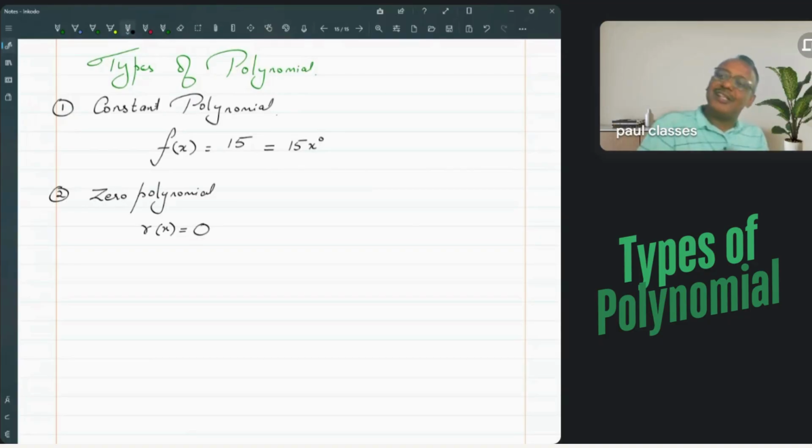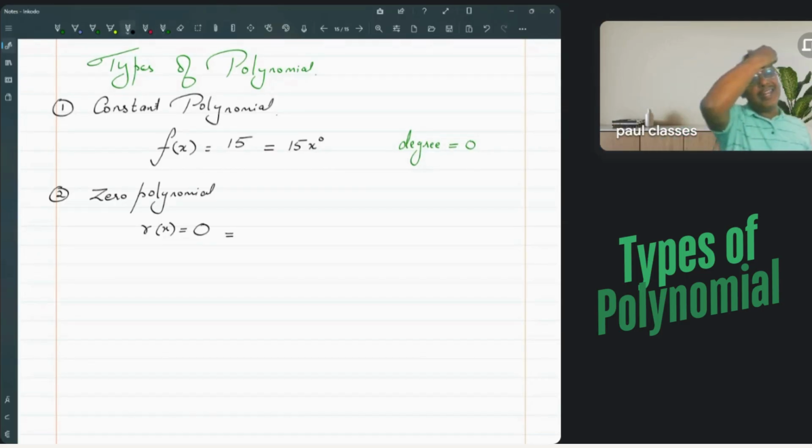Zero polynomial. Zero. Now, what is the power of x here? The highest power of x is 0. We call that power of x the degree. So what is the degree here? 0.